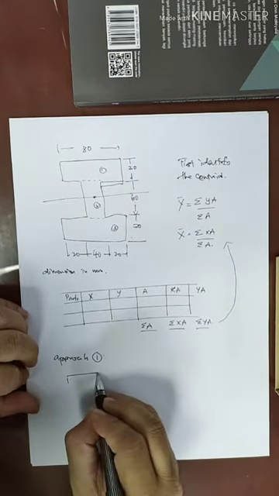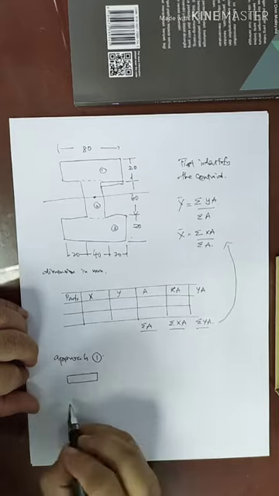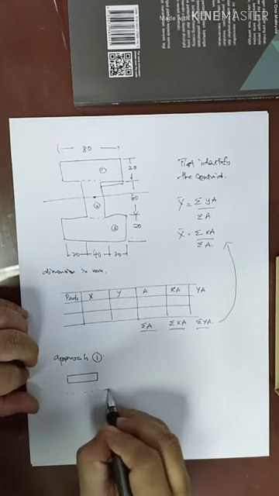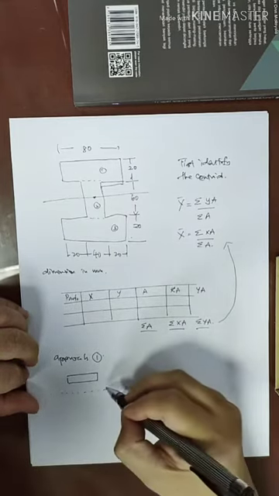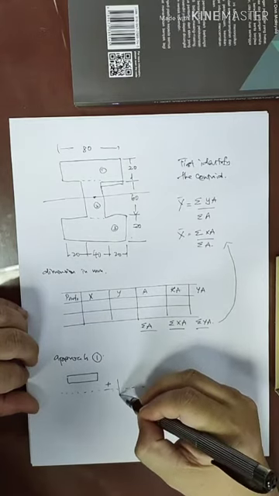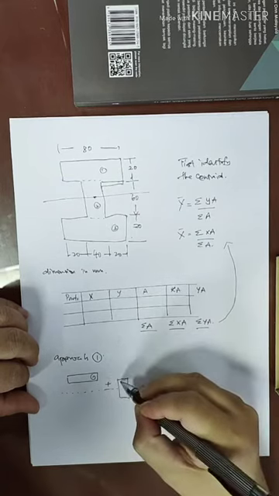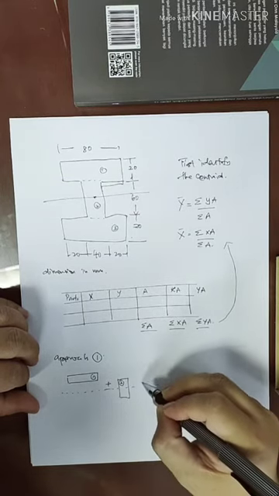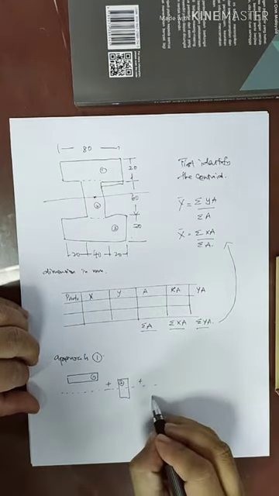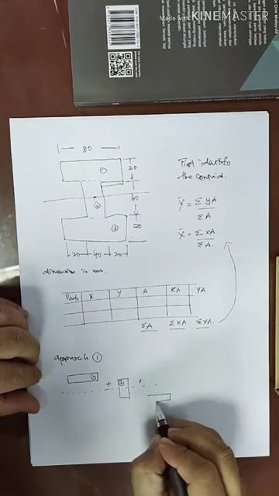So meaning that we have the 1, so this is the center, plus the 2, okay, 1, 2, and then plus another 3.